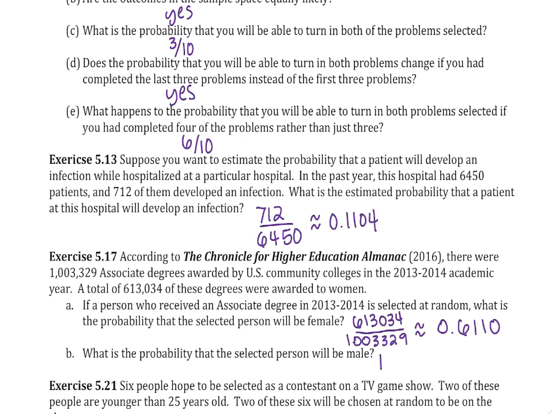And so we could actually do 1 minus, and it's okay to go ahead and use the decimal form because you're just going to round if you use the fraction form. So just use the decimal form, 1 minus 0.6110, and so here the probability of male is 0.3890.